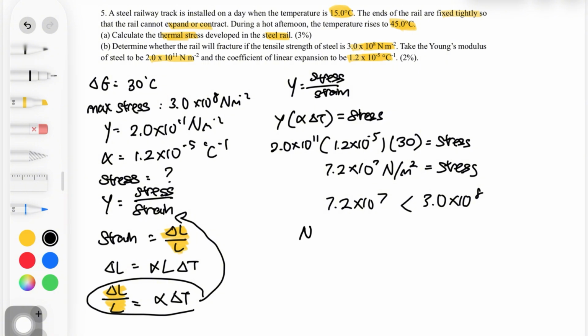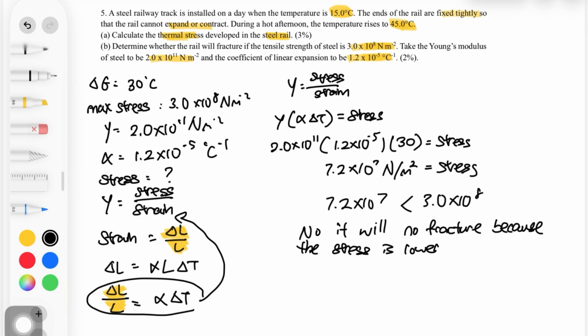So no, it will not fracture, because the stress is lower than the tensile strength. Okay, so this is the answer.